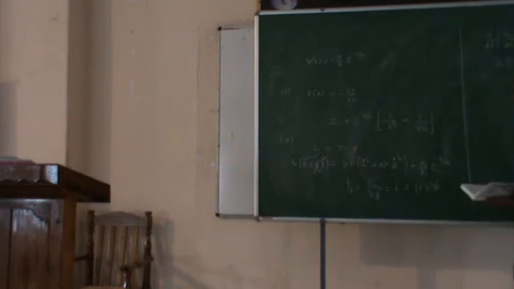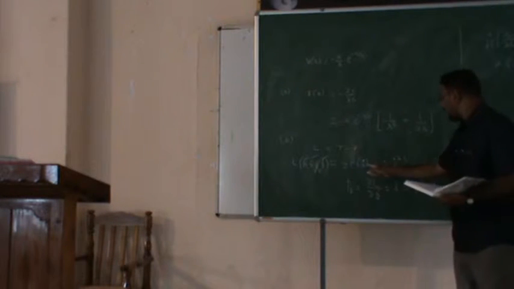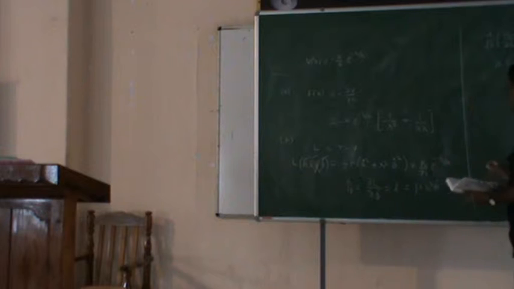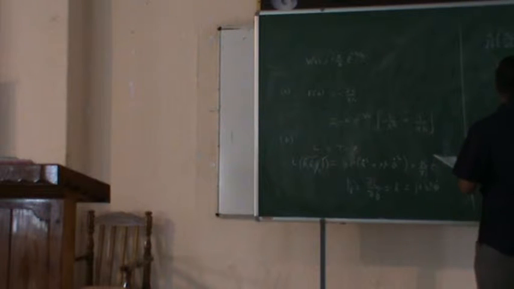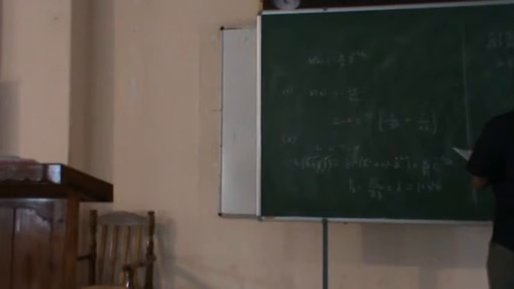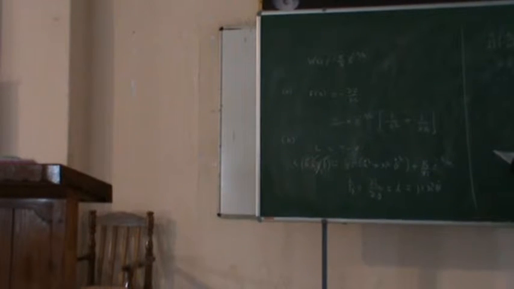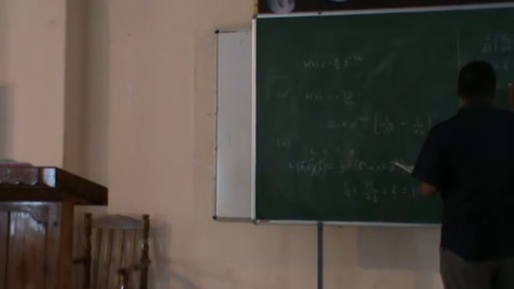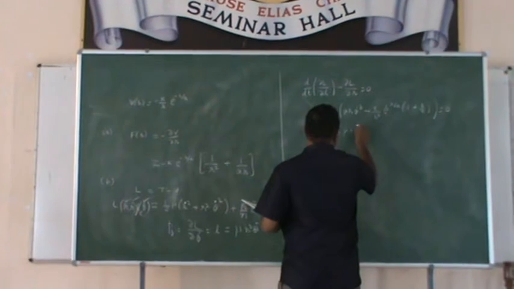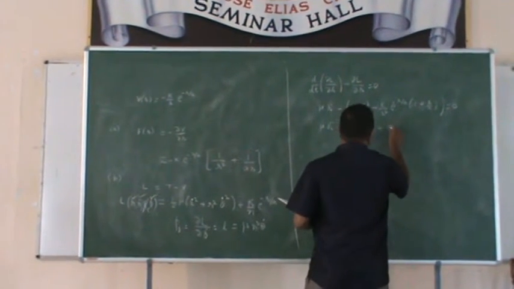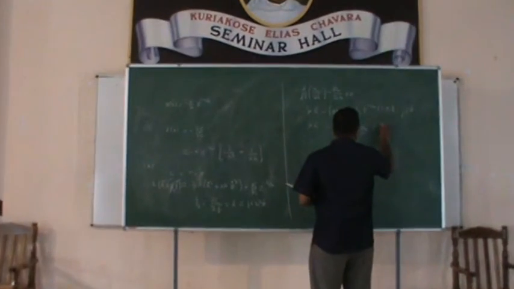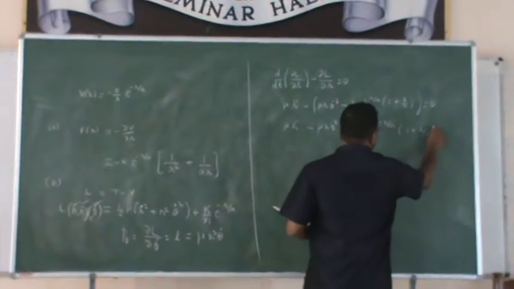Minus ∂L/∂r, which is mu r theta dot squared minus k/r² e^(-r/a)(1 + r/a), equal to 0. This is the radial differential equation: mu r double dot minus mu r theta dot squared plus k/r² e^(-r/a)(1 + r/a) equal to 0.